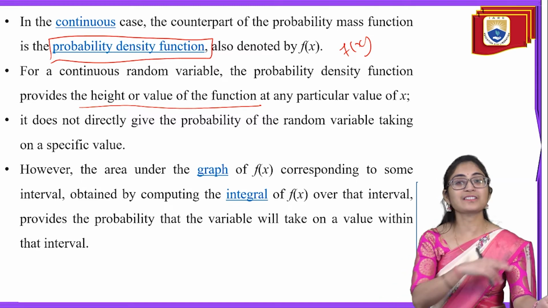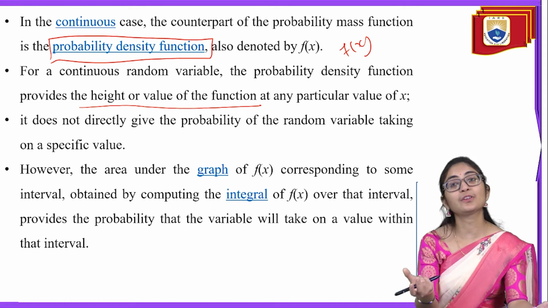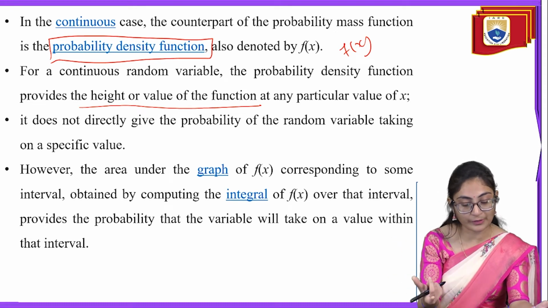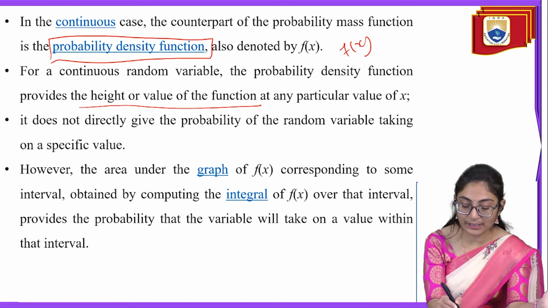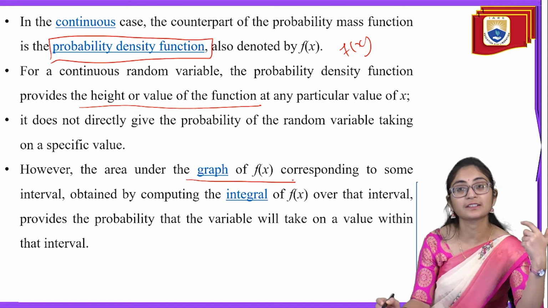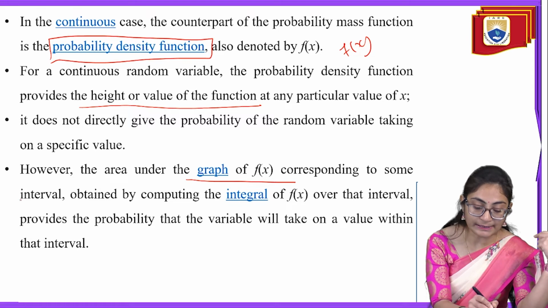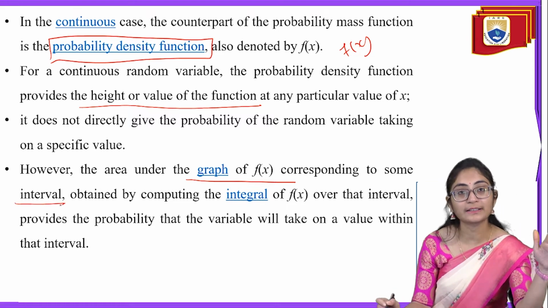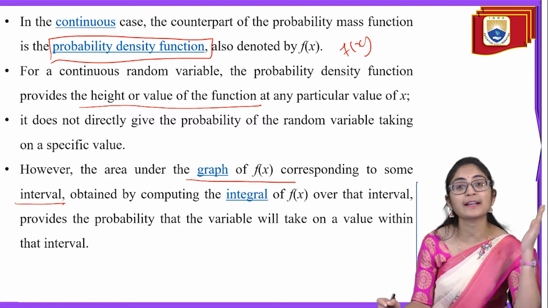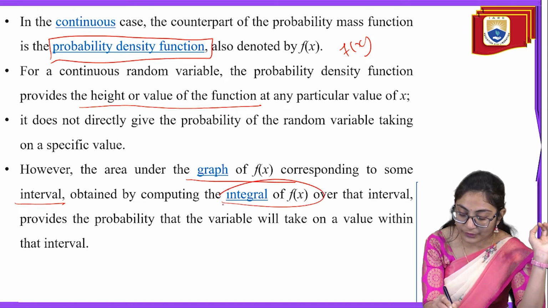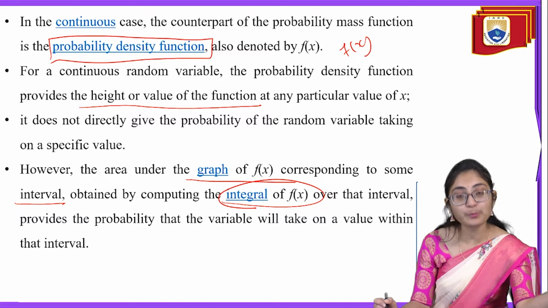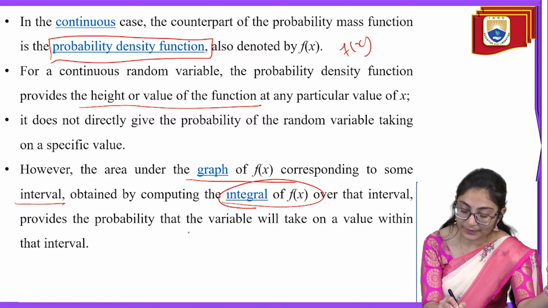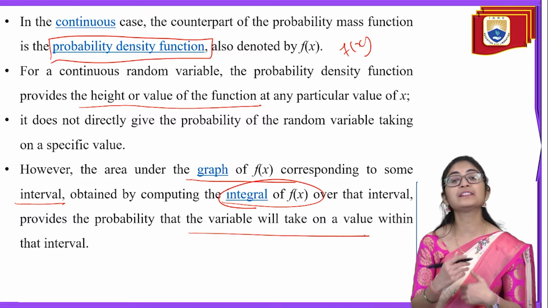That means it does not directly give the probability of the random variable at a specific value. The area under the graph of f of x corresponds to some interval. It totally depends on the interval, and we get it by computing the integral of f of x over the interval.